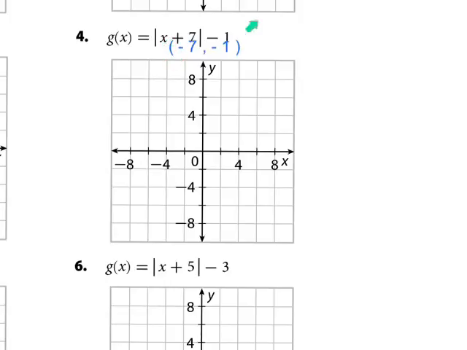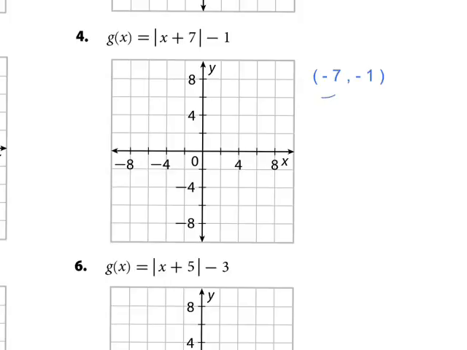And then you can see that the K, which is the outer number, does not change signs. So it was a negative and it stays a negative. So let me move this vertex over. Now I need to find out where that is on the graph. So when we look at the graph, we're going to move over to the left.